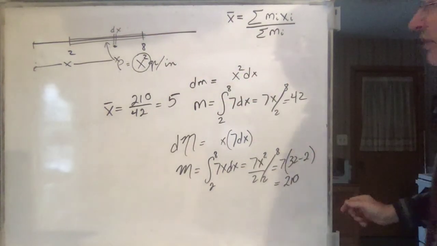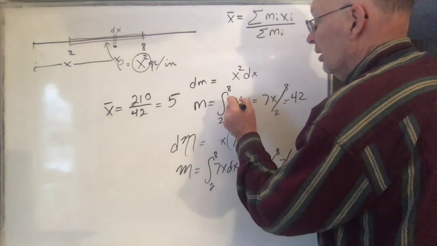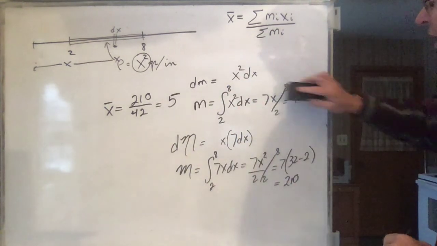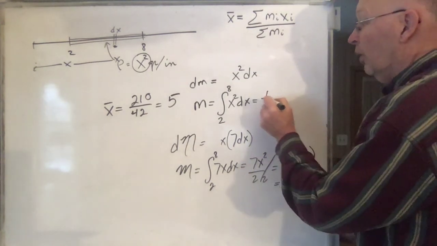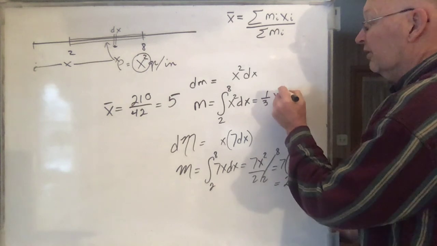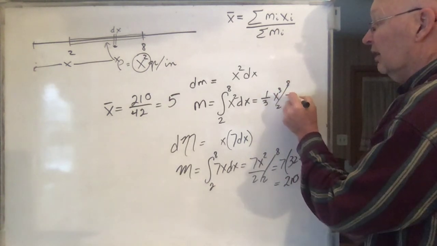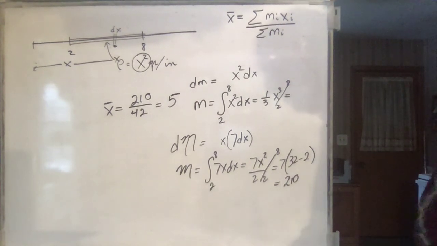And so there it is. And so the total mass is going to be, here's what you get by just adding all these things up. And if you do that, you're going to get what? 1/3 x cubed. Is that right? From 2 to 8.